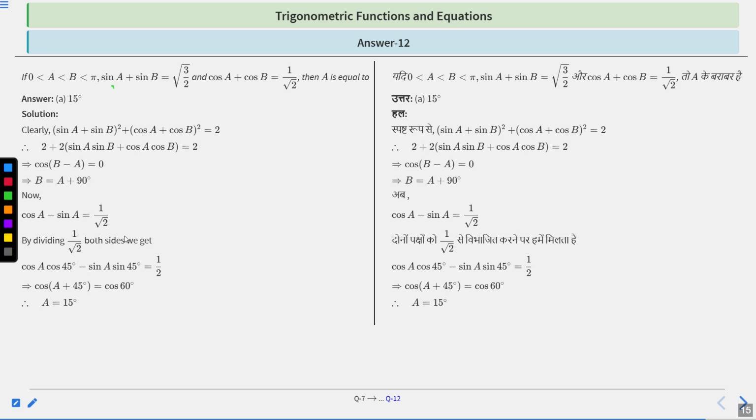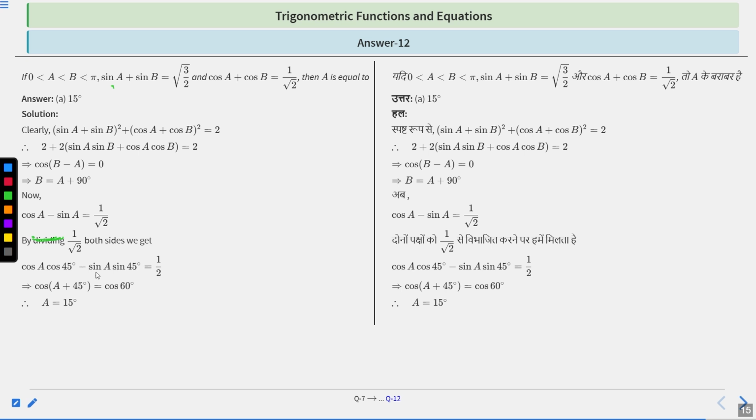Now, cos A minus sin A is equal to 1 by root 2. Multiplying root 2 on both sides, we get cos A into cos 45 degree, since 1 by root 2 is cos 45 degree, right?